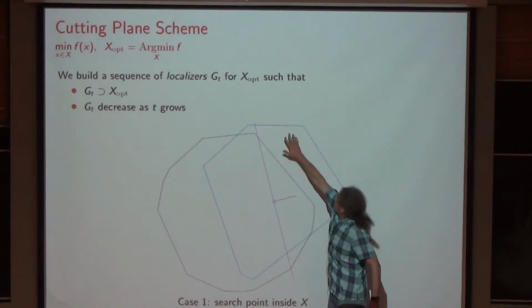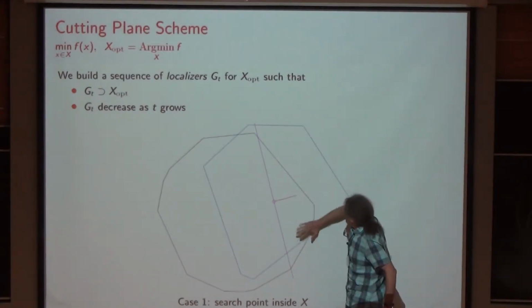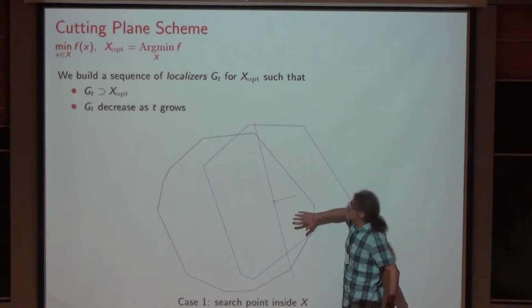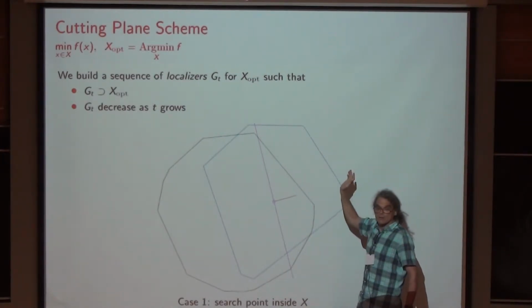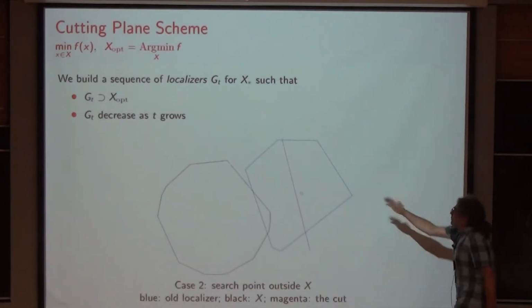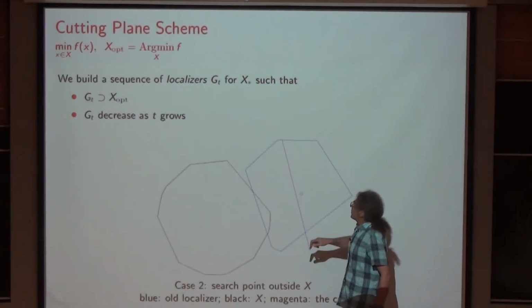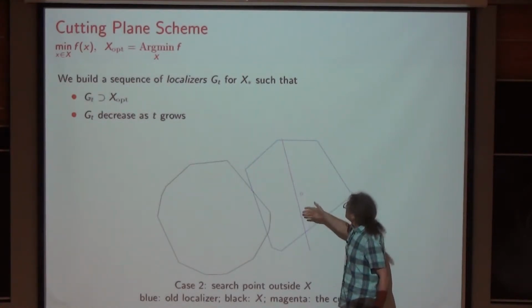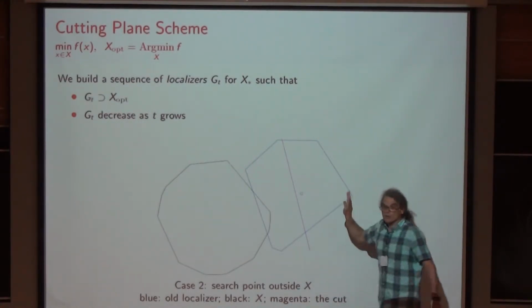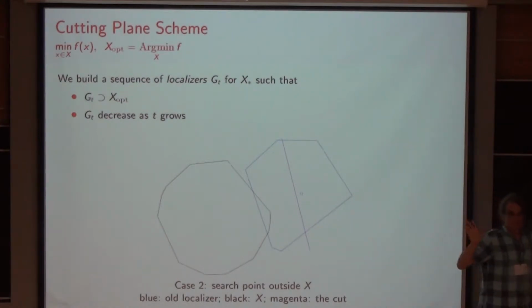It's clear that this part of the localizer doesn't contain the minimum, so once again we can throw it out. If we are outside the feasible set and we have access to the separator, we can throw out this part of the localizer. This is the idea of the Khachiyan cutting plane scheme.